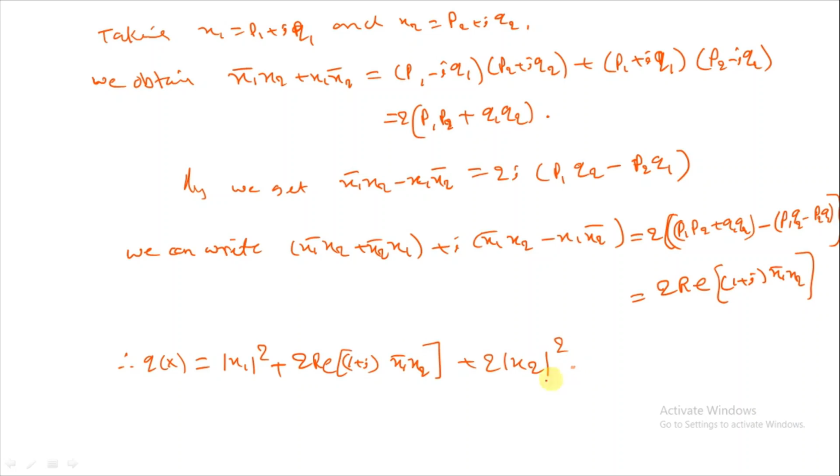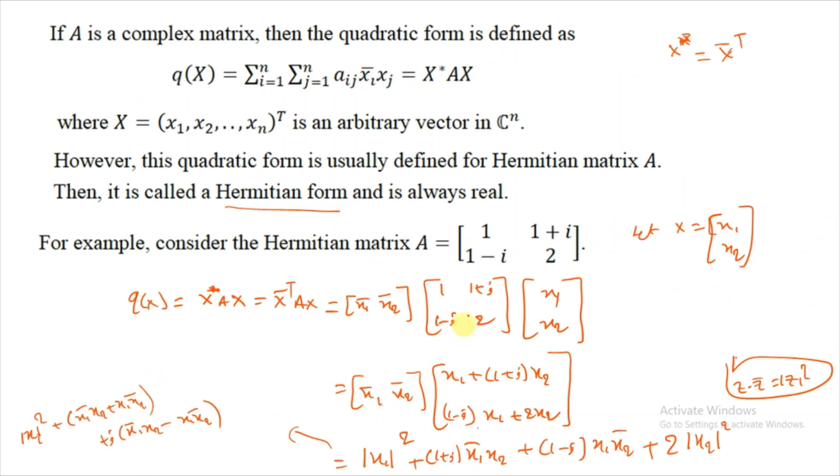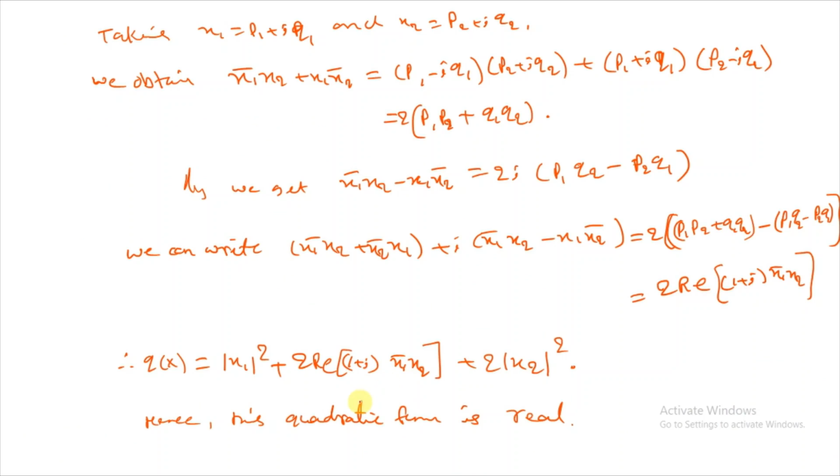The total is real. Hence the quadratic form is real. Means that the matrix is Hermitian, and that quadratic form is always real. The quadratic form is always real.